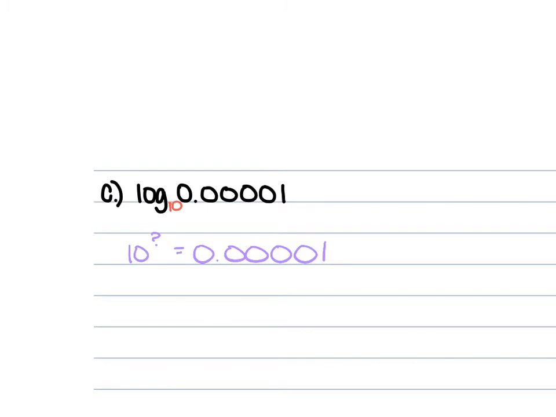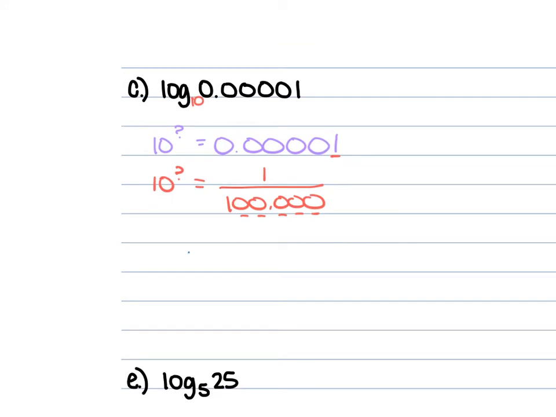Well, that's the same thing as saying 10 to what power is 1 over 100,000, since this 1 is in the 100,000ths place. How many zeros do you have? 1, 2, 3, 4, 5. So 10 to the negative 5th power is equal to 0.00001. So negative 5 is our solution.